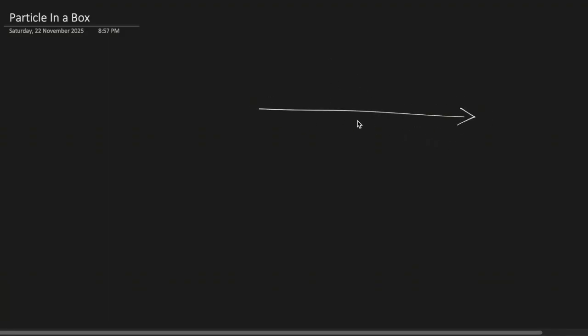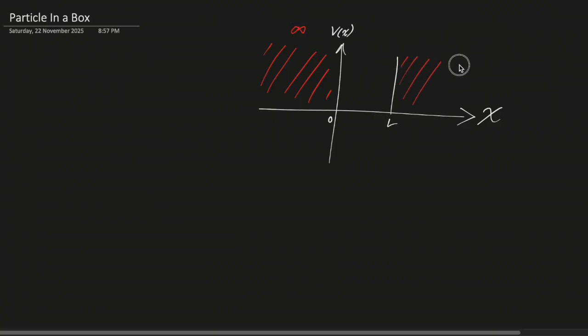So suppose you have a one-dimensional space along the x direction, and your box extends from the origin to, let's say, a box of length L. Your potential, in the case of an infinite potential well, is infinity on this side and also plus infinity on the other side.